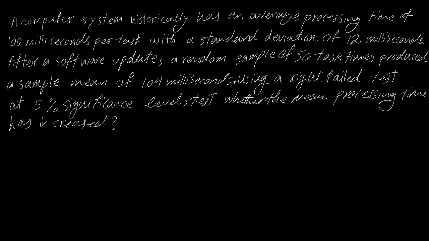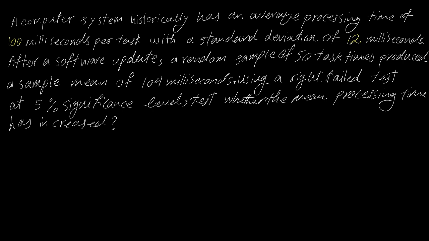Let's work on this problem. It says a computer system historically has an average processing time of 100 milliseconds per task, with a standard deviation of 12 milliseconds.